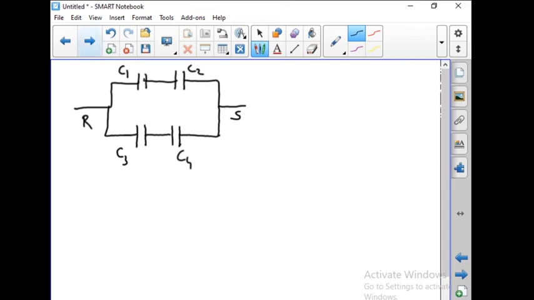Here C1 and C2 are in series, C3 and C4 are in series.